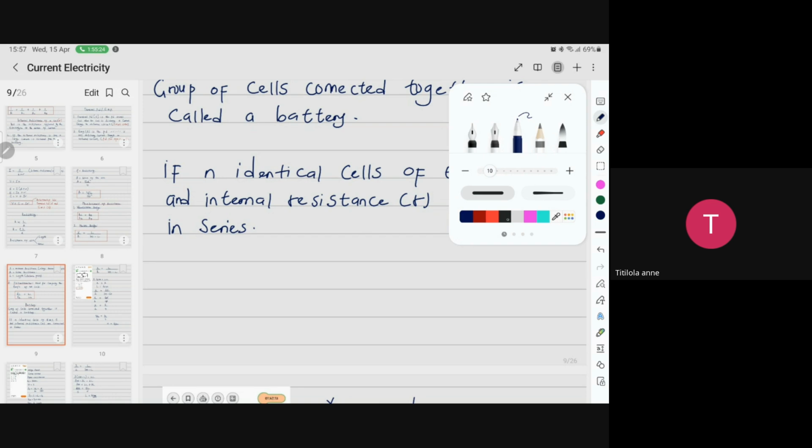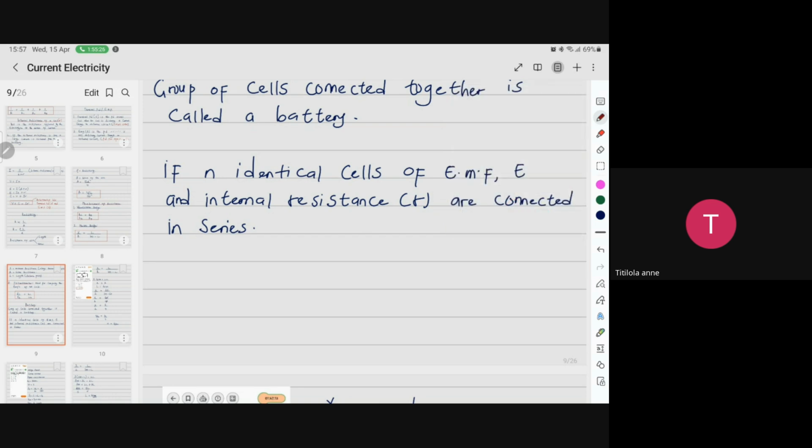If they are connected in series, let me underline that series. If they are connected in series, we'll have that the effective EMF, for however many they are, if there are 15 of them, will be equal to N multiplied by E.